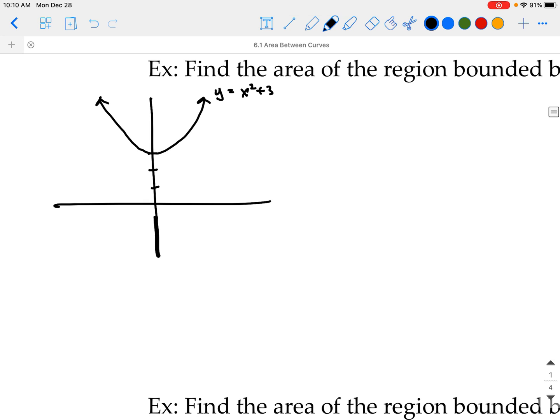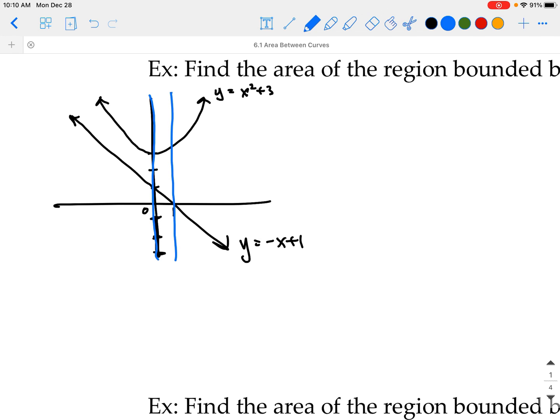So that is going to look a little bit different. So y is equal to negative x plus 1 is going to look like that. So we can see these graphs actually don't intersect, so we don't need to worry about overlapping regions, and we're interested between x equals 0 and x equals 1. So our region is going to be this little sliver in blue here.